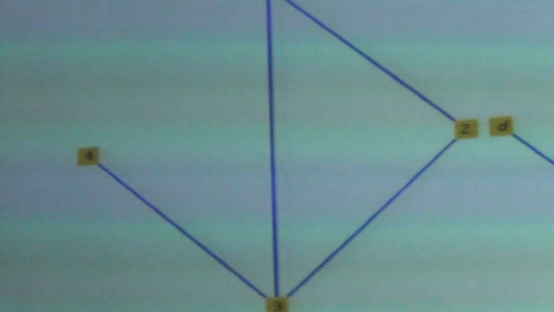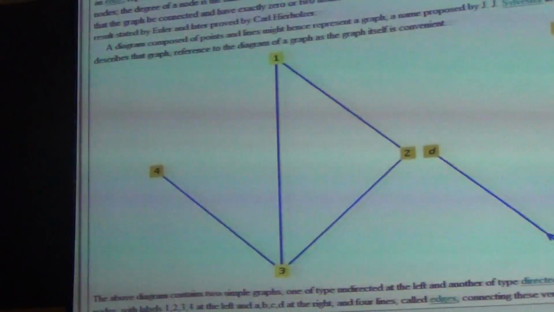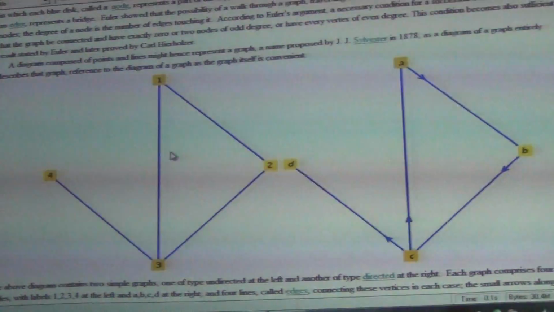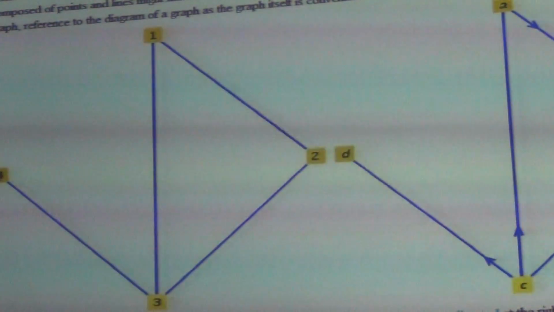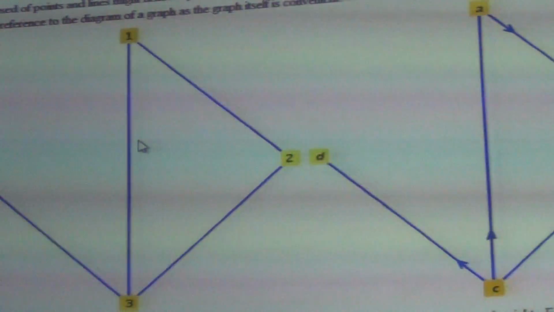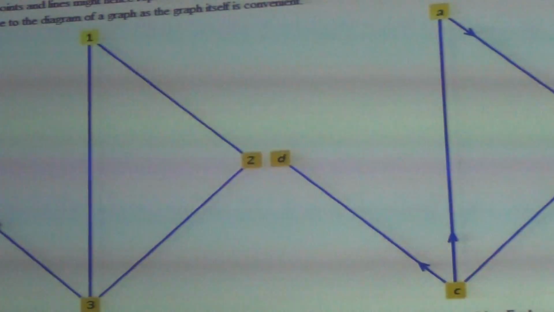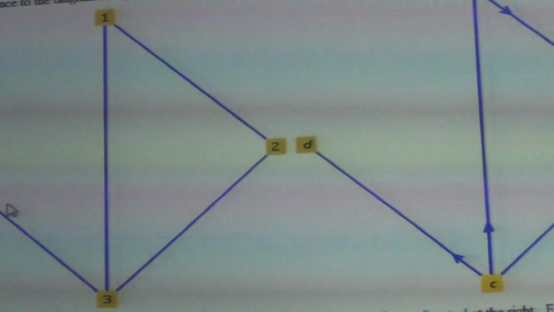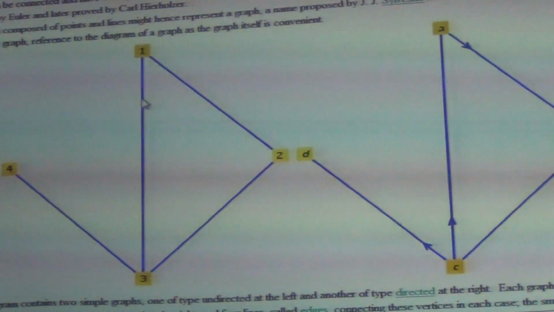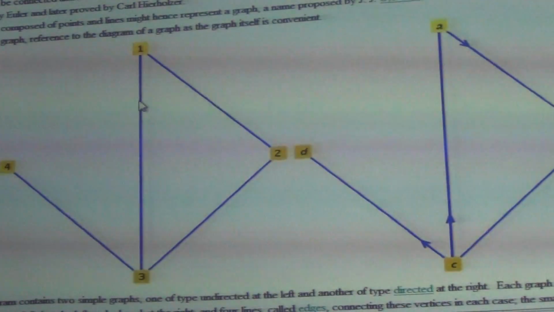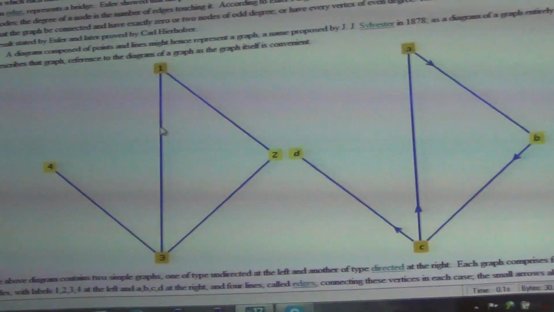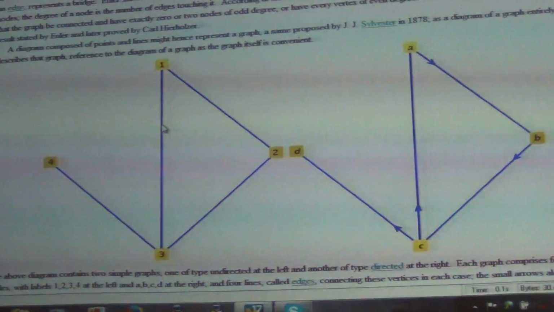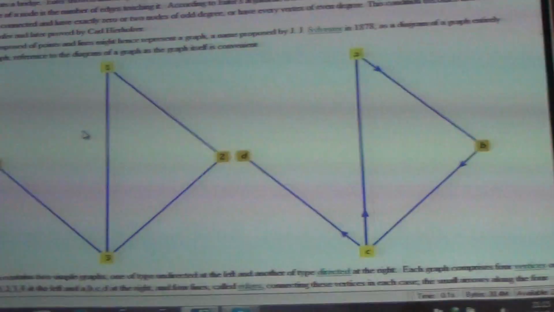Now here we have 2 graphs, just abstract graphs, and the one on the left here has 4 vertices, 1, 2, 3, 4, and 4 edges. And this graph is connected because all the points are connected, and it's unweighted and it's undirected.